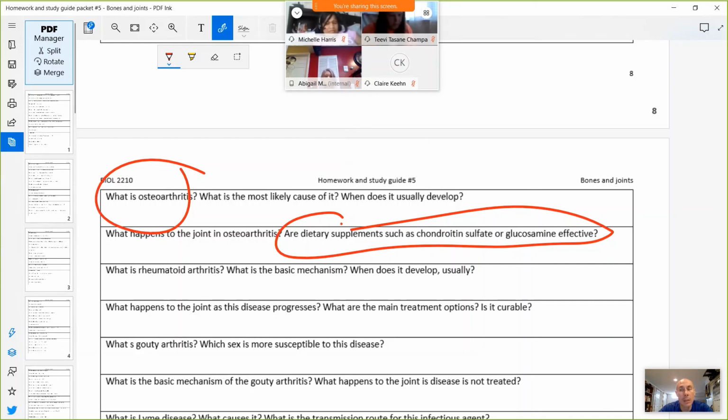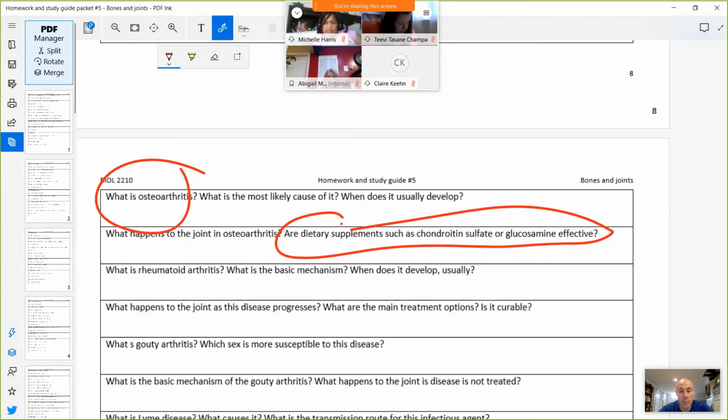Eventually that connective tissue is replaced with bony tissue, and that is bony ankylosis. If rheumatoid arthritis is left untreated, it ultimately fuses the bones in the joint, and the joint completely loses mobility. Treatment options: immunosuppressants, non-steroidal anti-inflammatory drugs, painkillers, capsaicin creams to reduce the pain.